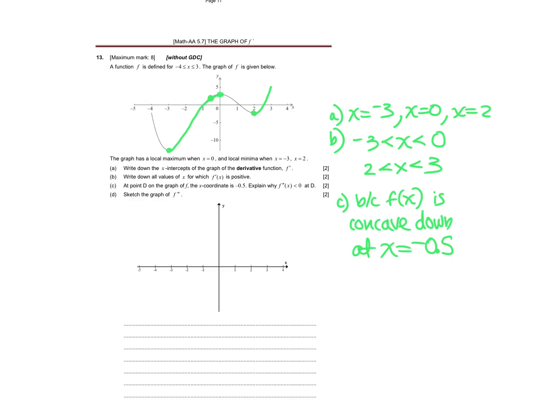Okay, so we need the points of inflection. So let's say, like here is going to be a point of inflection, and then like here at 1. So if you see, this is concave up, this is concave down, and this is concave up. So we need concave up, concave down, and concave up.